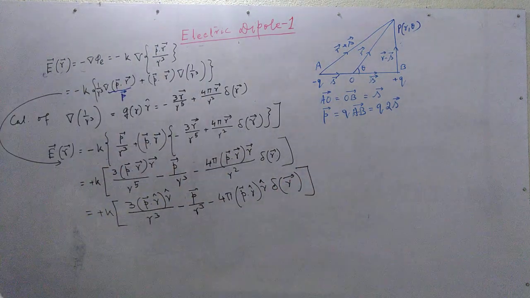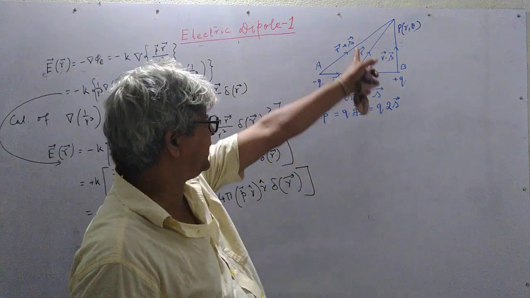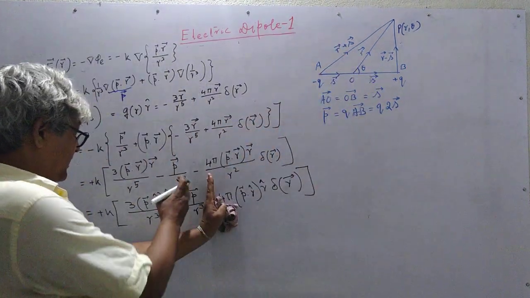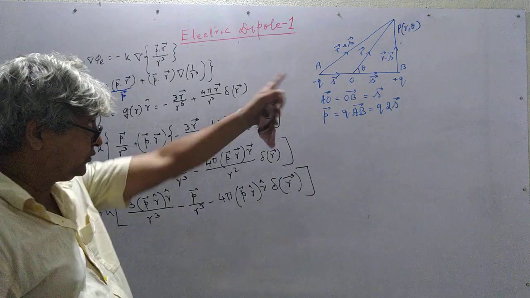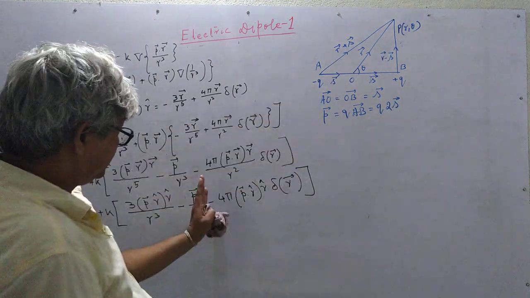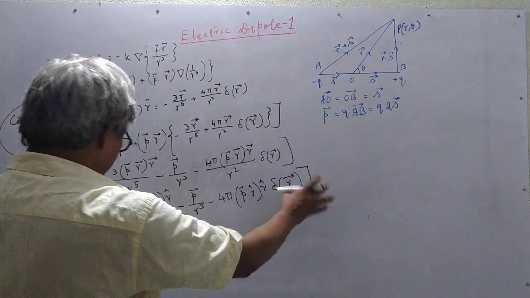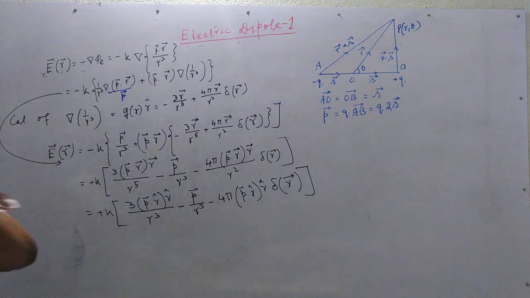This is the expression for the electric field that is produced by the electric dipole. If we calculate the field at points other than O, this is the expression of the field. If we want to calculate the field at O, this is the expression for the field together with this term.